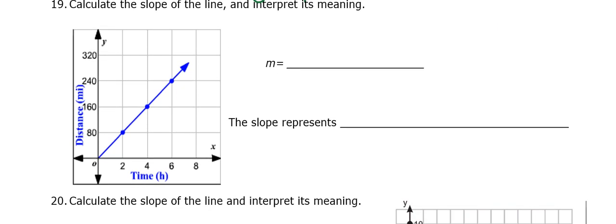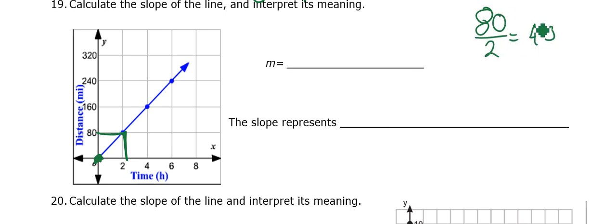Okay, calculate the slope of the line and interpret its meaning. Okay, so looking at my graph, I can see that I have a graph that passes through the origin. So this is a proportional relationship. And if you remember, we learned that slope is the same as unit rate in a proportional relationship. So if I look here, 80 and 2 would make 40.